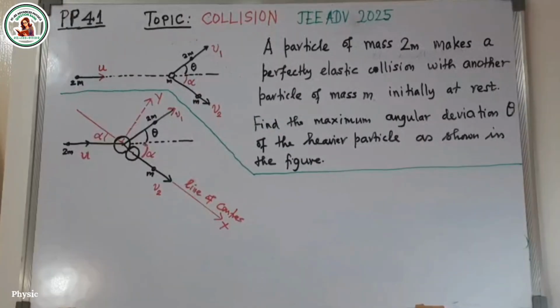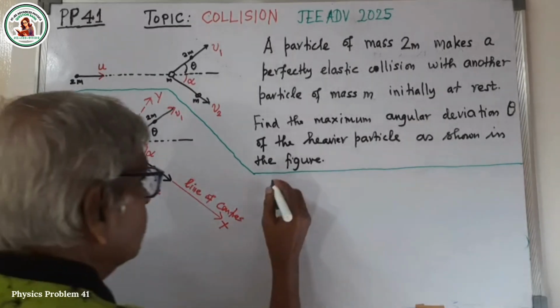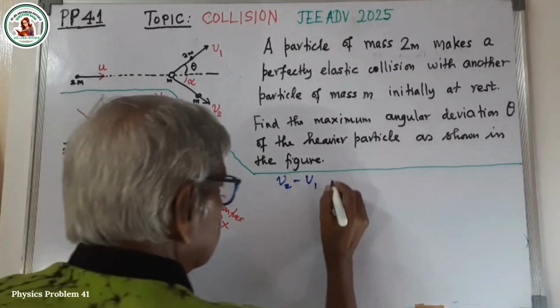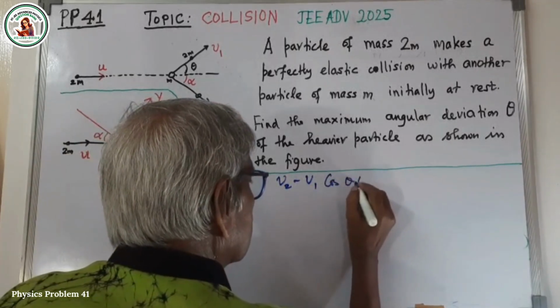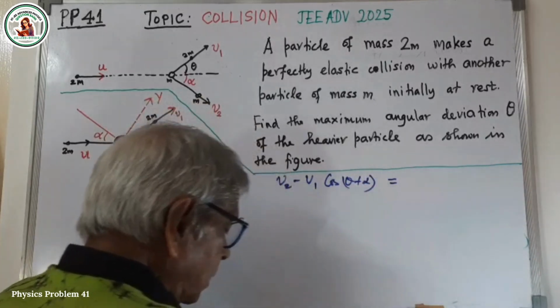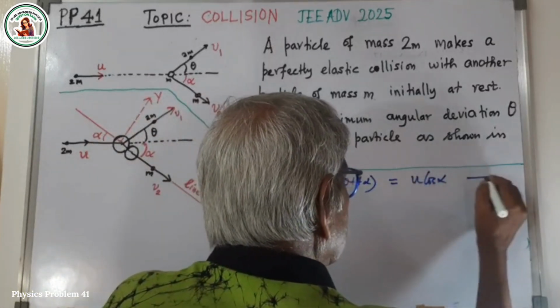Our equation 3 I will rewrite: the Newton's equation, v2 minus v1 cos(theta plus alpha) is equal to u cos alpha. Equation 3.